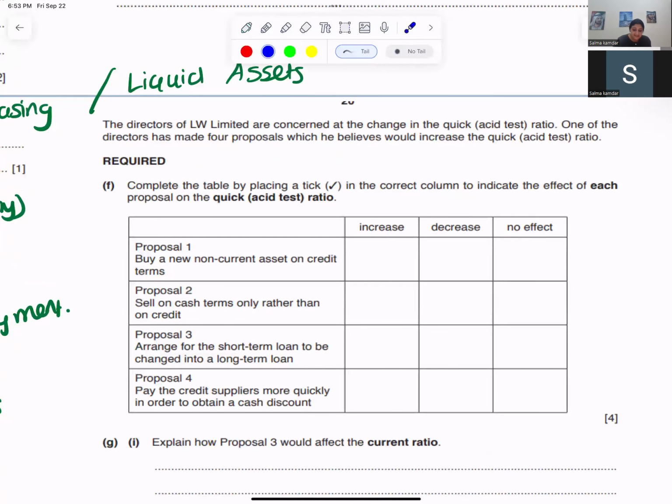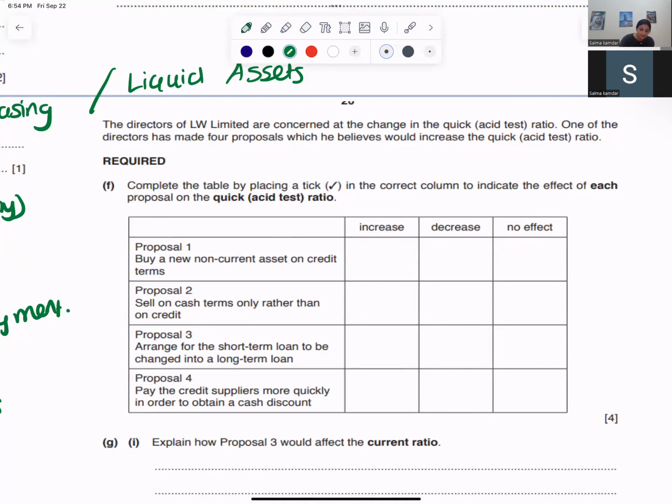The directors are concerned at the change in the quick ratio. The directors have made 4 proposals, which according to them would increase the quick ratio. Put a tick in the correct column to indicate the effect of this proposal on the quick ratio. First proposal is buy a non-current asset on credit.